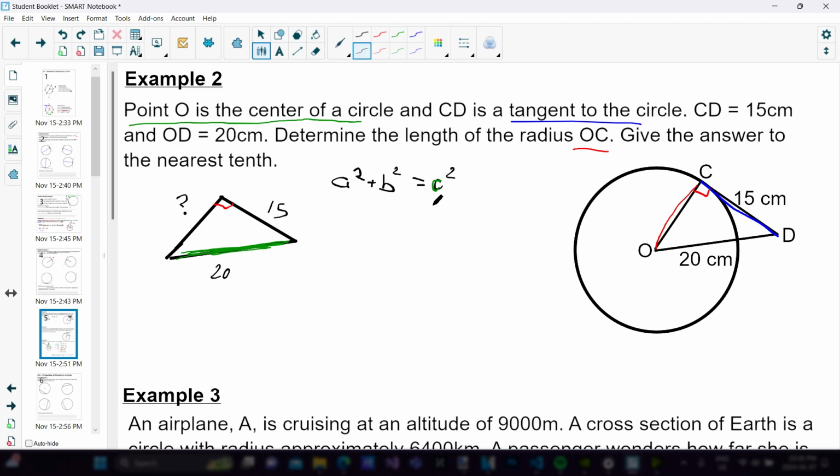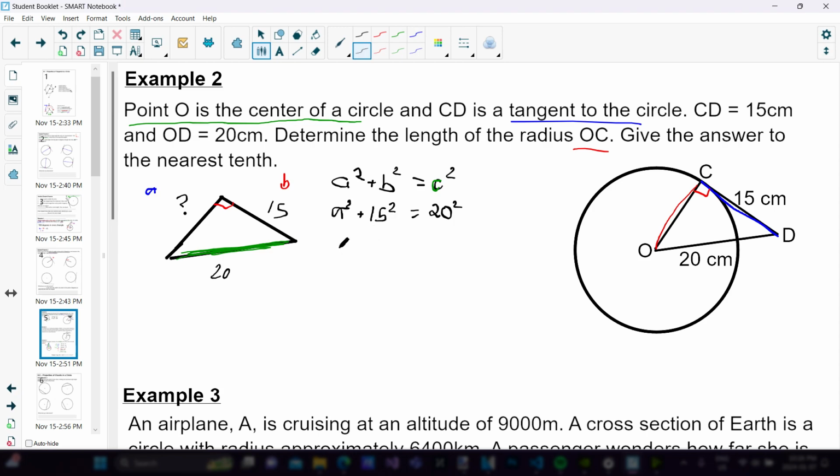So this time we know C is 20. A and B, it doesn't matter. Call this side A, call this side B. A, we don't know, so I'm going to leave it as A squared, plus B squared. B is 15, so I'm going to put 15 squared.